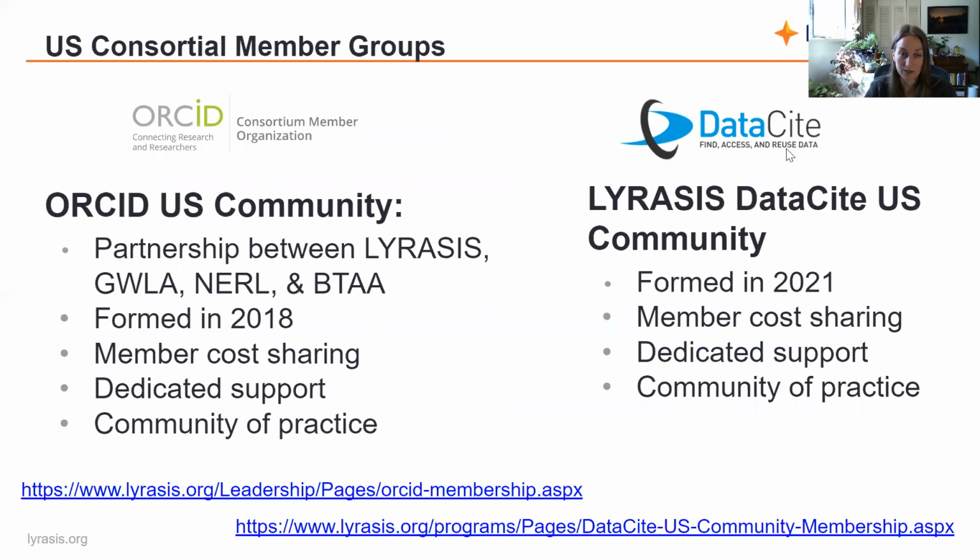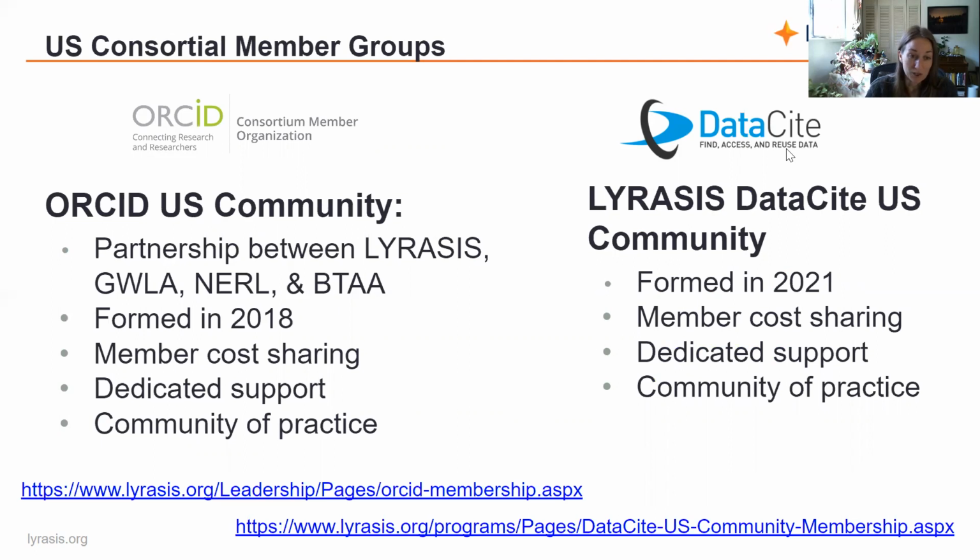And if your organization is interested in going that membership route for ORCID or DataCite, for example, we do have consortial community groups administered by Lyrasis, through which any nonprofit organization can join and become a member of either ORCID or a consortial DataCite member.